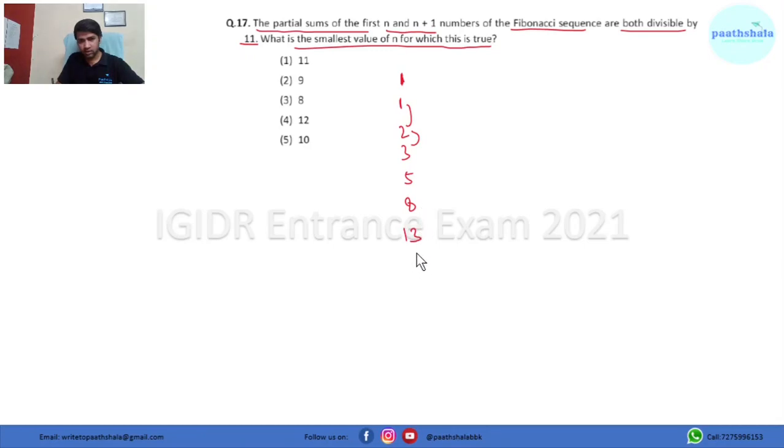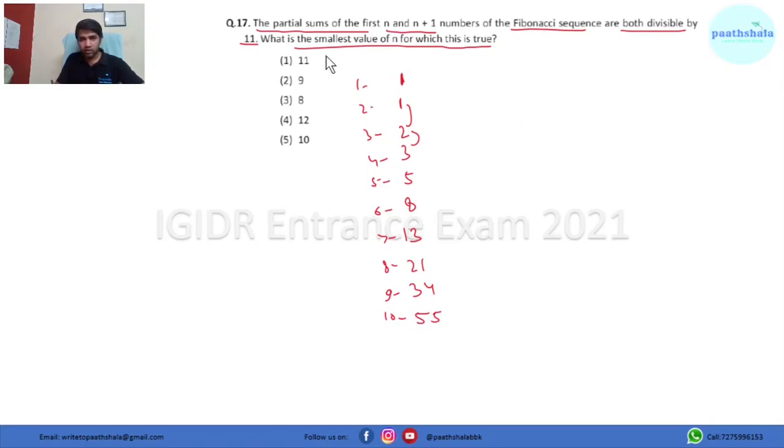Then 8 plus 13 will be 21, and 21 plus 13 comes out to be 34. Then 21 plus 34 will be 55. In that way it will move. So let's say this is first, second, third, fourth, fifth, sixth, seventh, 8, 9, 10. We can do it further as well.